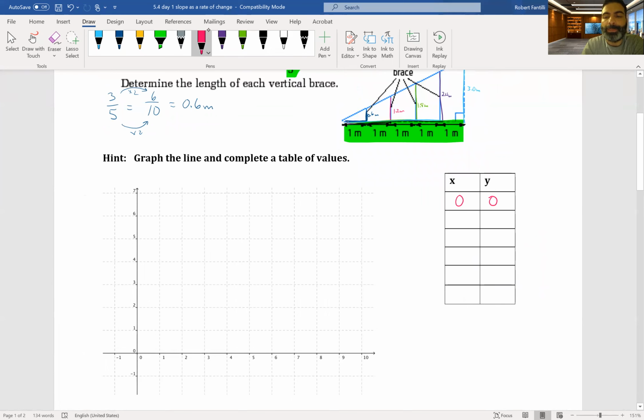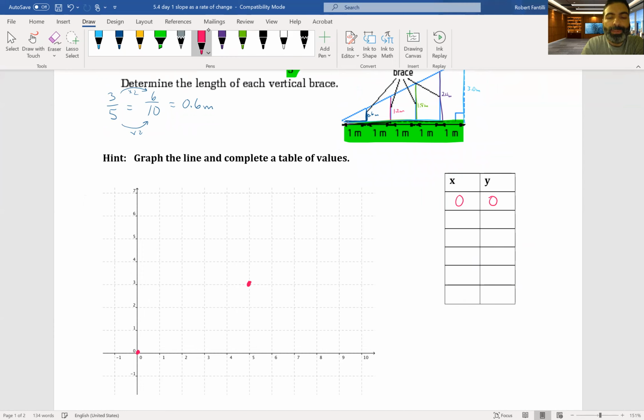They're directly related. So if I wanted to make my life a little easier, first of all, I'll put a dot here at 0, 0. Again, direct variation passes through 0, 0. I already know that when x is 5, the rise is 3. We learned that from just looking at our diagram above there, right?